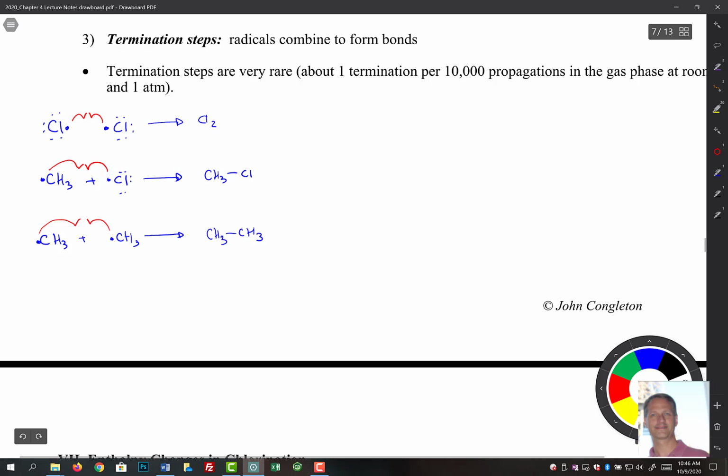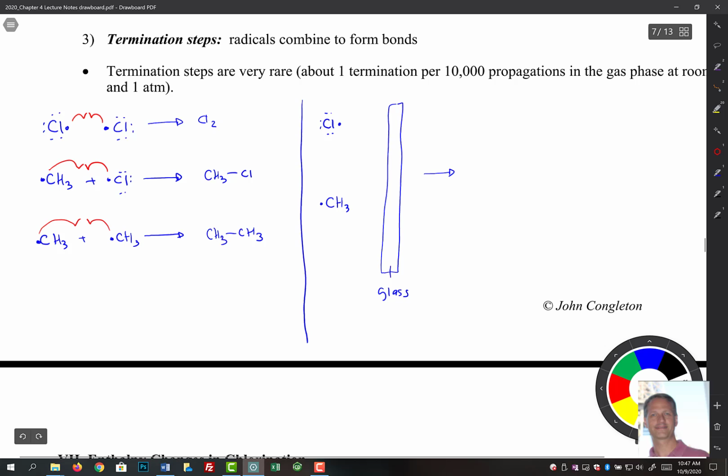And then the other thing that can happen is it turns out that these radicals can combine with the walls of the glass, your container wall. So a chlorine radical or your CH3 radical can basically hit your glass, like the wall of your beaker or your flask, whatever you're dealing with, and bond to the glass.